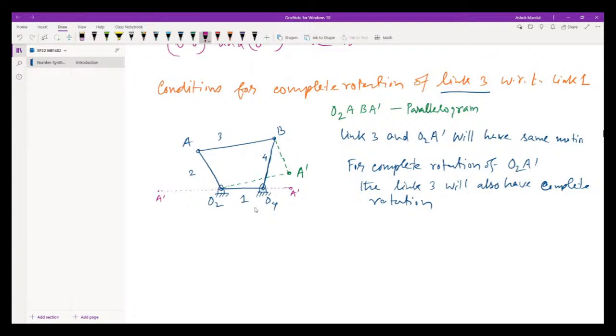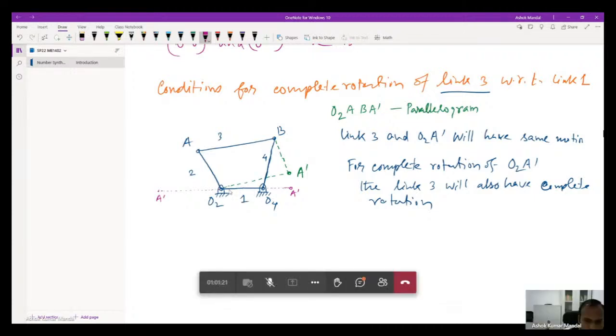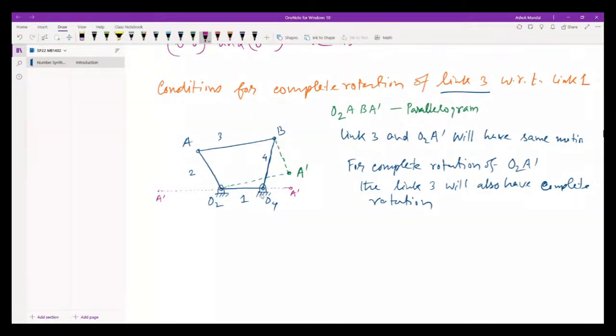So just now we will consider this link O2, O2A dash, B, O4. At one configuration, let me draw all those configurations.